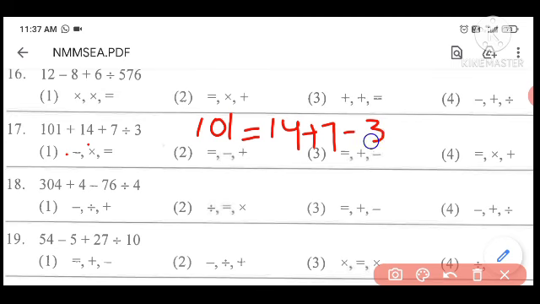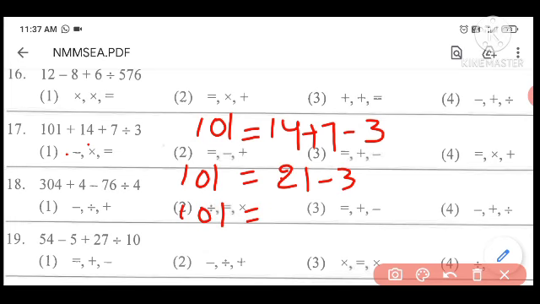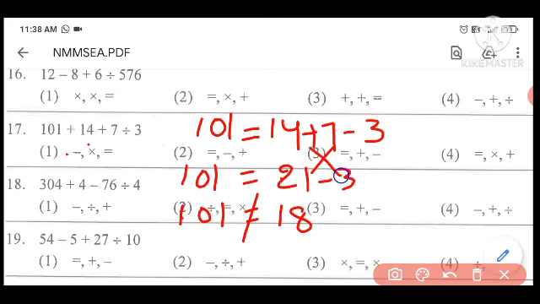It is also wrong, because 14 plus 7, 21 minus 3 is equal to 18. So it is not equal. 101 is not equal to 18. So option 3 is also wrong. So automatically option 4 is right.